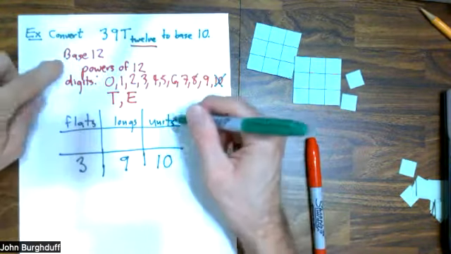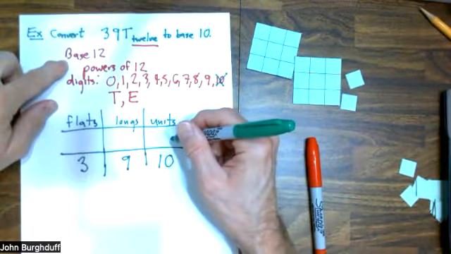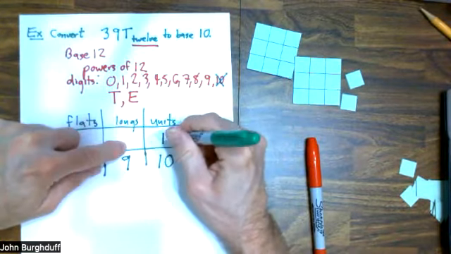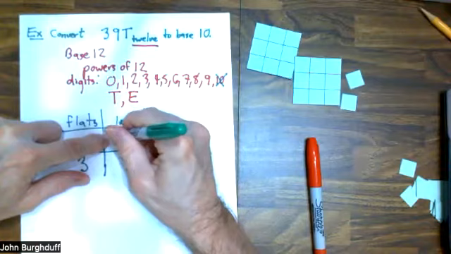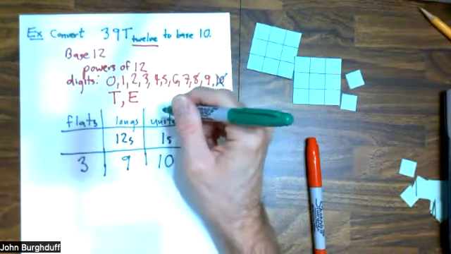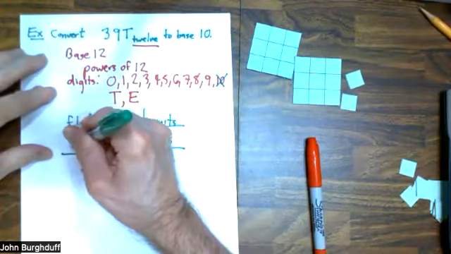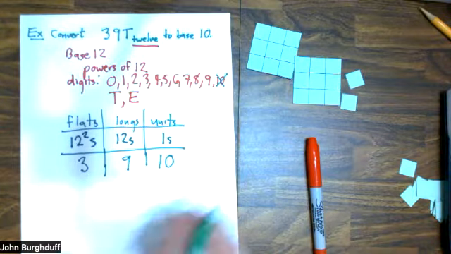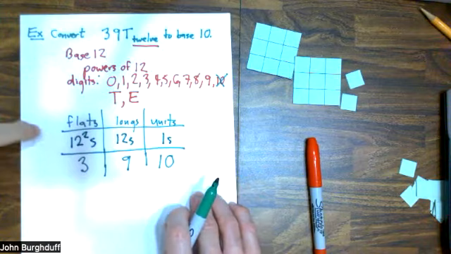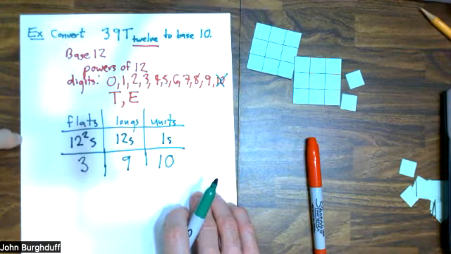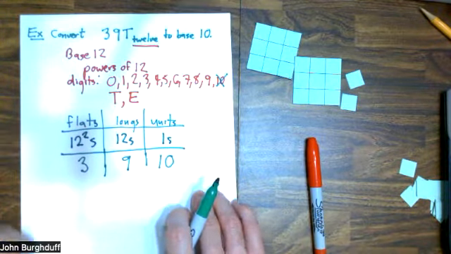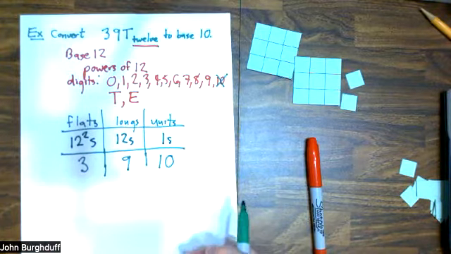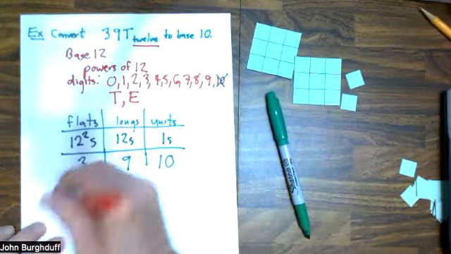So my base is 12. Units would be ones. Longs would be 12s, so 12 units in a long, and 12 squared units in a flat. So we have ones, 12s, 12 squareds, and if we needed cubes, we'd have 12 cubed. Use that chart to create an expanded form.